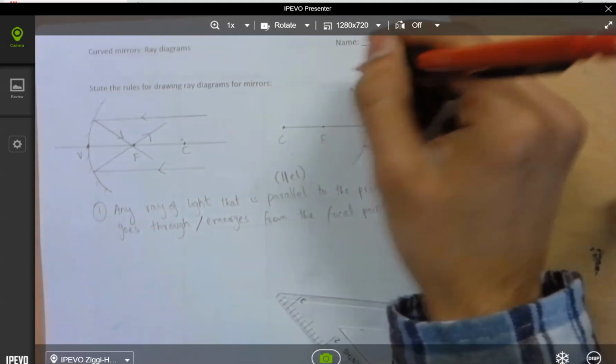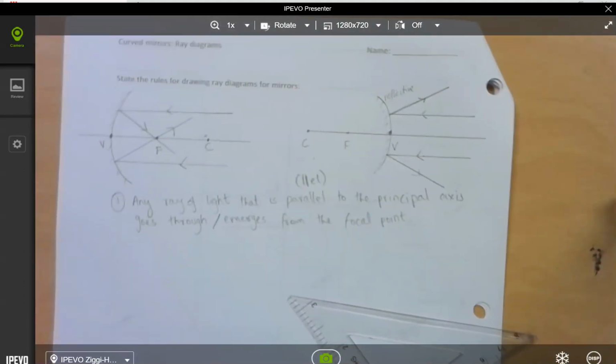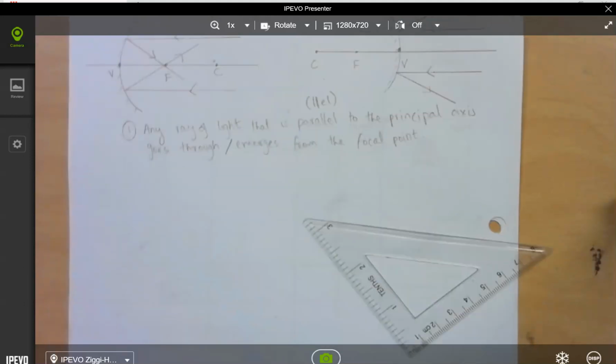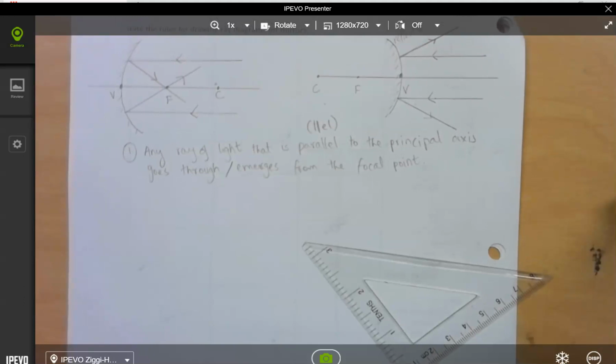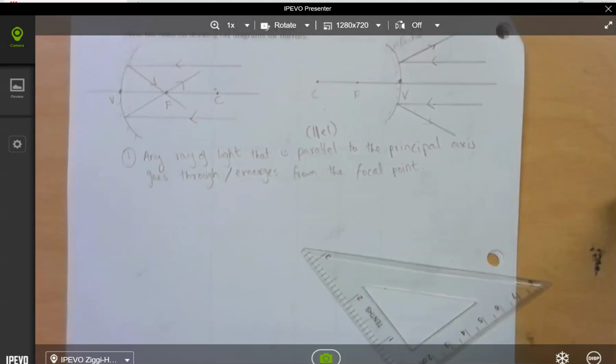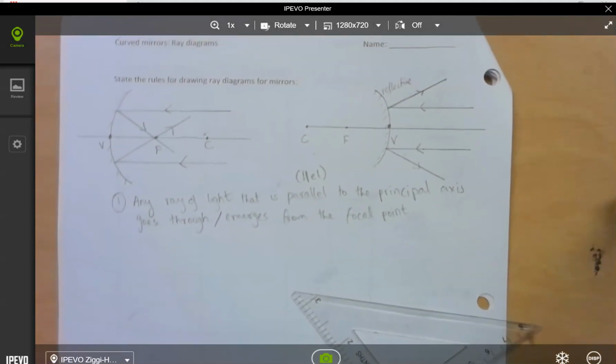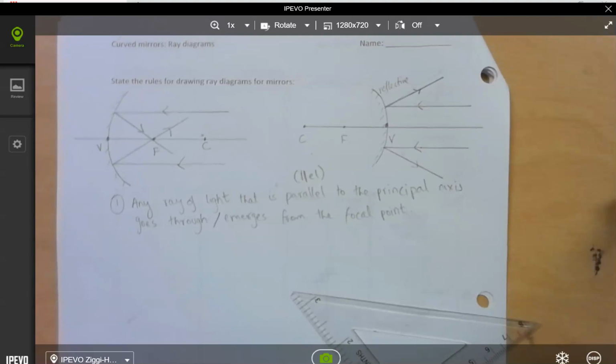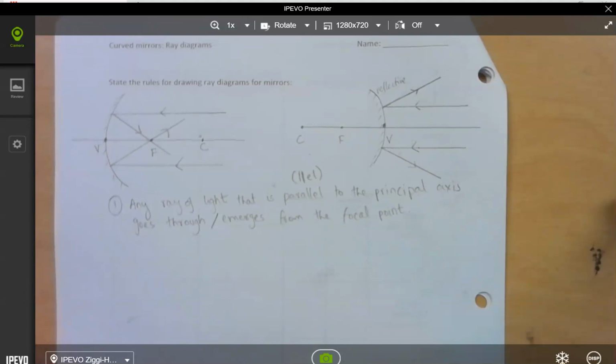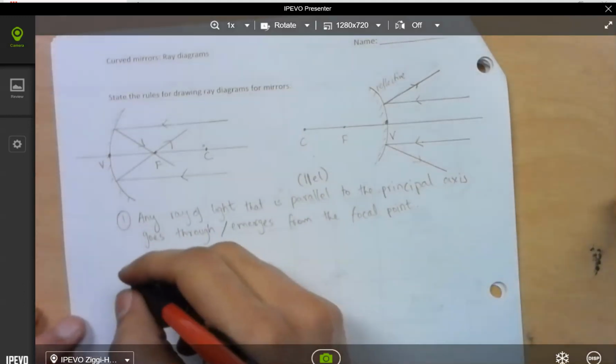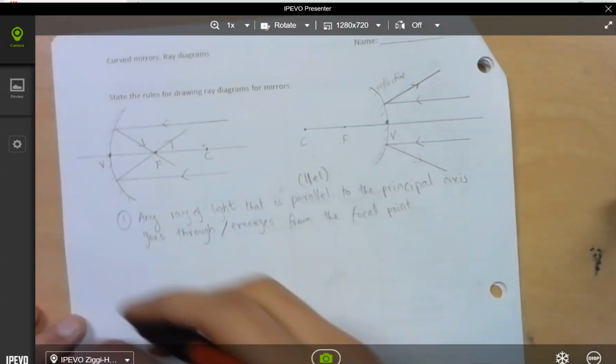This is the convex. This is the concave. Is that okay? Okay, we're going to now draw the same two mirrors below to draw our second rule.